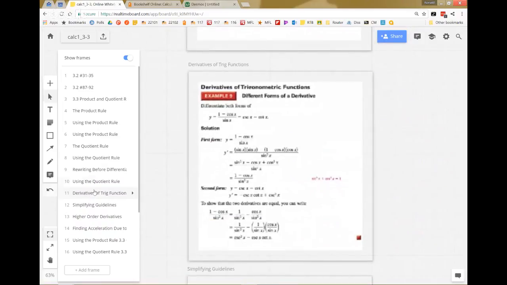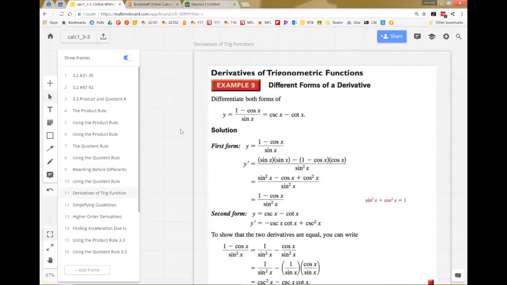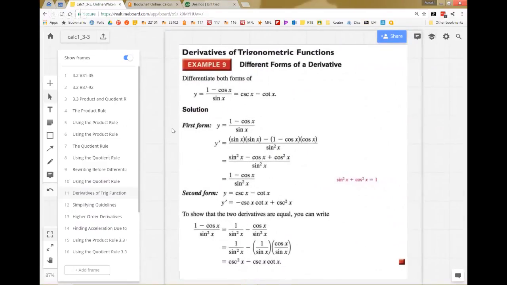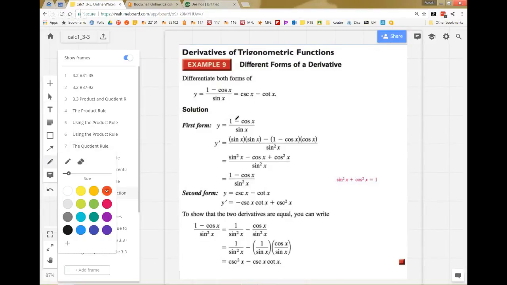All right, we're going to do a trig function now, or at least we'll get started. All right. So differentiate both forms of y equals 1 minus cosine over sine equals cosecant minus cotangent. So how does one take the derivative of a quotient?